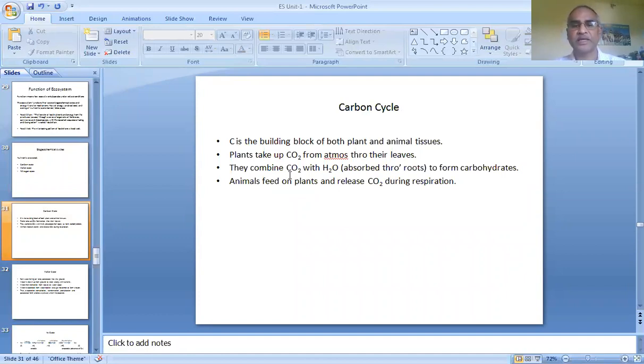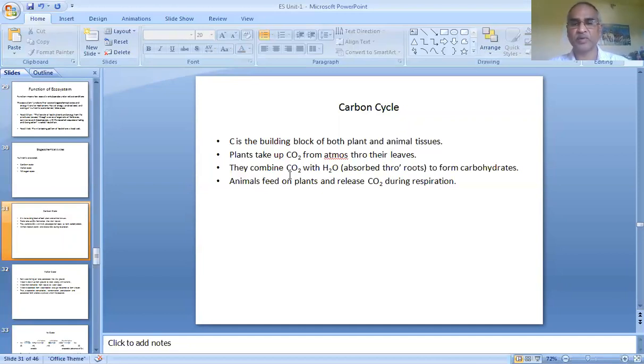So plants take up carbon dioxide from atmosphere through their leaves, and they use it in a process called photosynthesis. They combine carbon dioxide and water. The water is absorbed through roots. These two substances are combined to form carbohydrates.